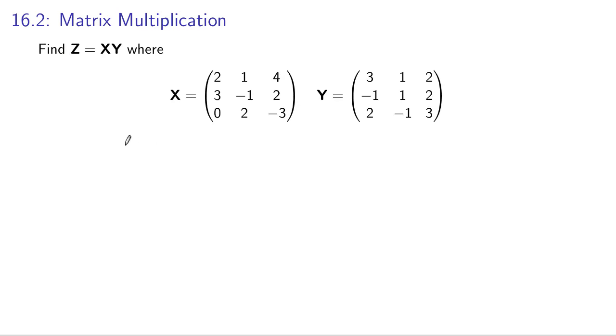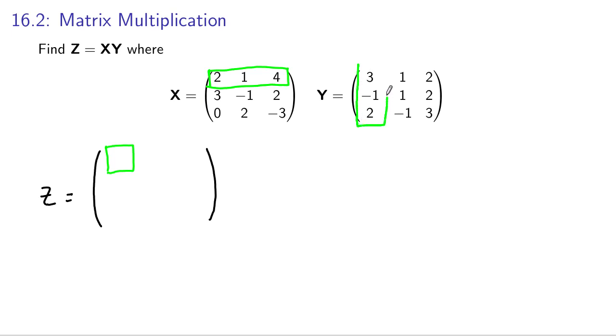Now let's do a practice multiplication. We're going to find Z, where Z is X times Y. So Z equals, here's where we'll write our answer. Now, I'm going to use some colors here to help us keep track of what's going on. So the first entry in Z is going to be the first row of X and the first column of Y. That's how we're going to find it.